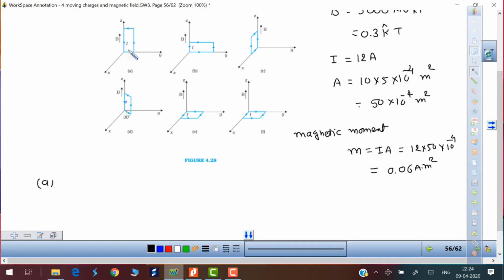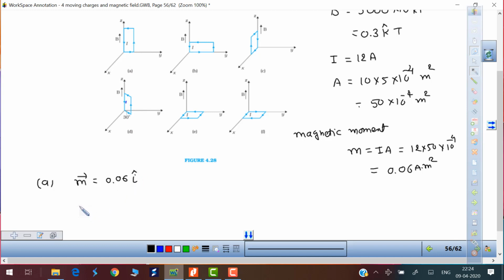So the magnetic moment must be along the X. When you rotate the screw in anti-clockwise direction, the screw is coming out. So in case 1, magnetic moment is 0.06 in the direction of X.